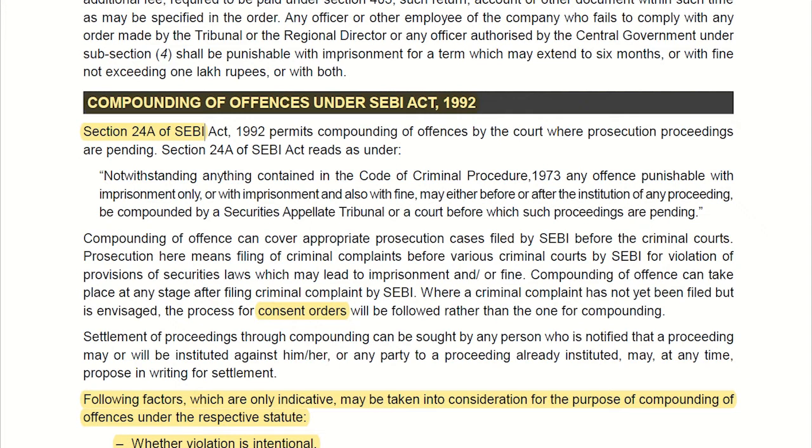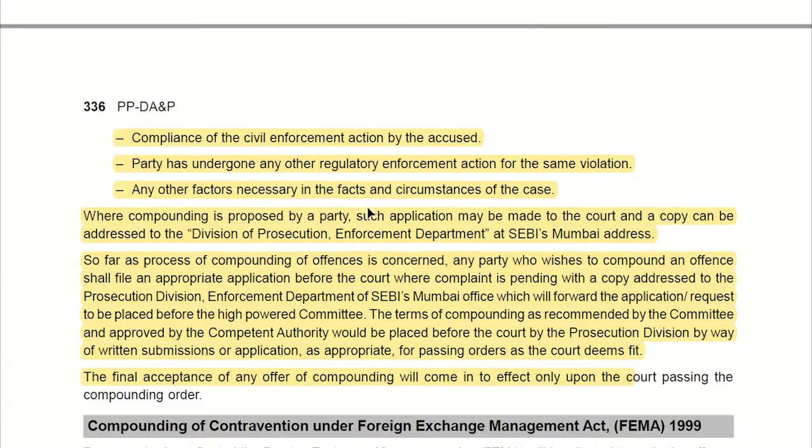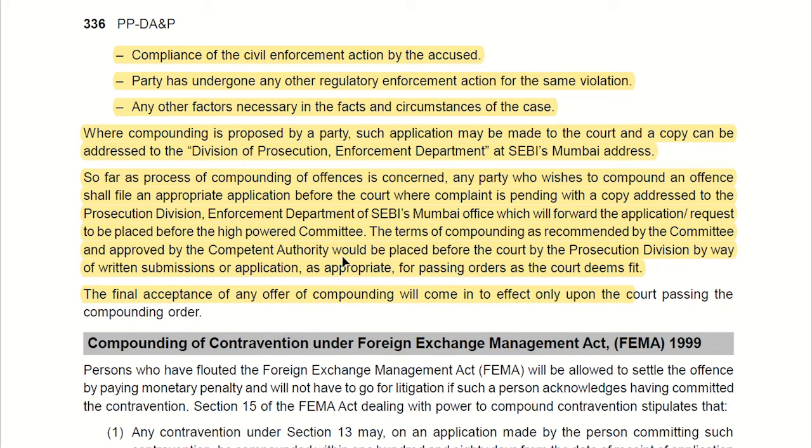The procedure for compounding of offence under SEBI is as follows. Any party who wishes to compound an offence shall file an appropriate application before the court where the complaint is pending, with a copy addressed to the Prosecution Division of the Enforcement Department of SEBI, Mumbai, which will forward the application and place it before the high-powered committee.